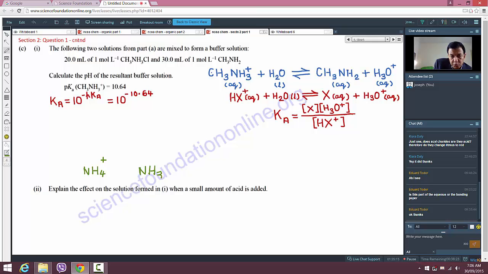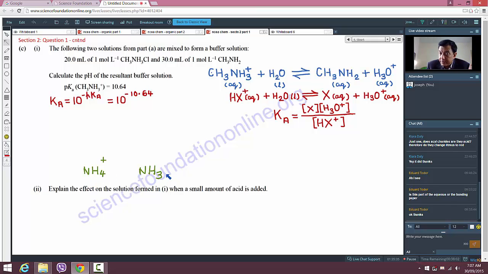A buffer solution contains a weak acid together with its conjugate base, right? Significant comparable concentrations of a weak acid and its conjugate base. So, look at this here, ammonium ions and NH3.